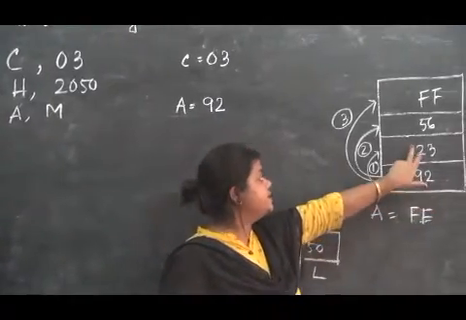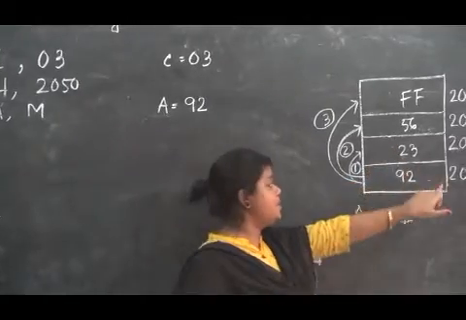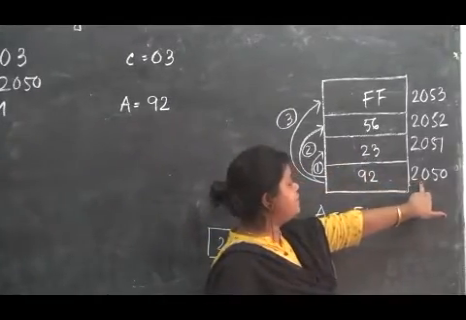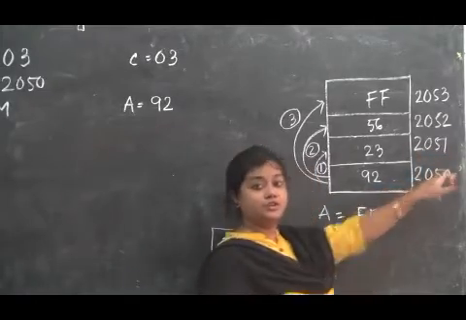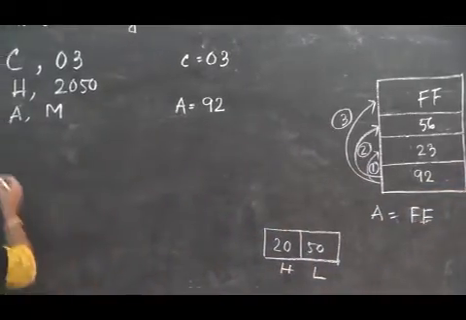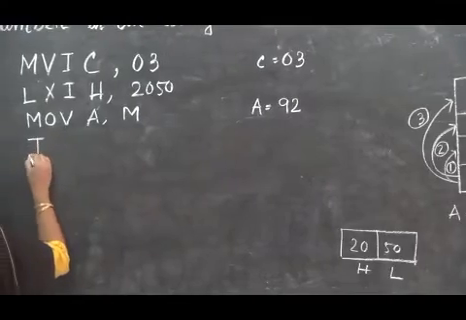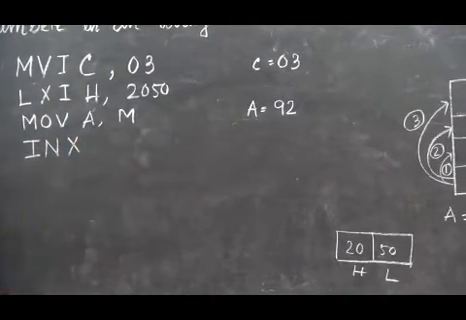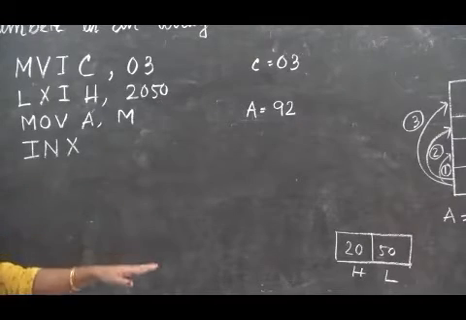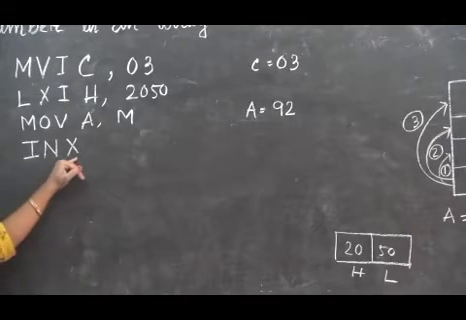Now we have to take the second data. So we have to increment the value of 2050 to 2051. To increment a register pair, we use the instruction INX.